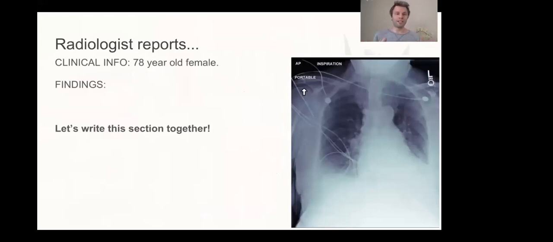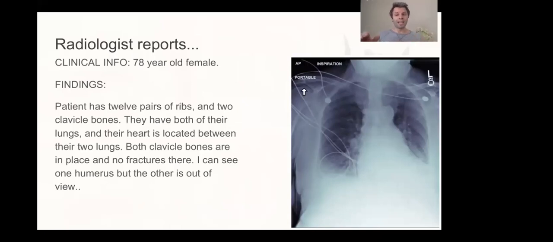Okay, let's pretend we're radiologists again, and we have a chest X-ray for a 78-year-old woman. We're going to write the findings section, so we write what we see in this chest X-ray that's relevant to the patient's health, and which just describes it. You can try and write it yourself. I've written one myself.